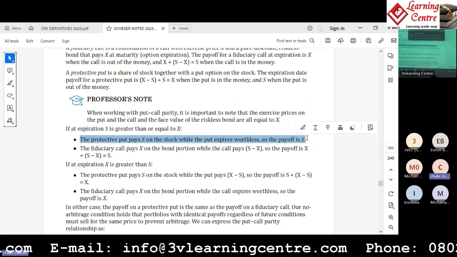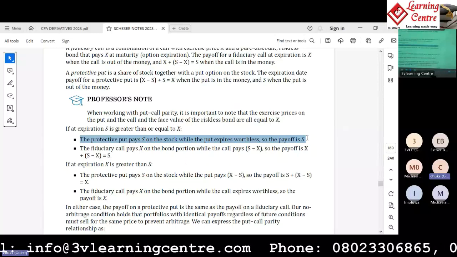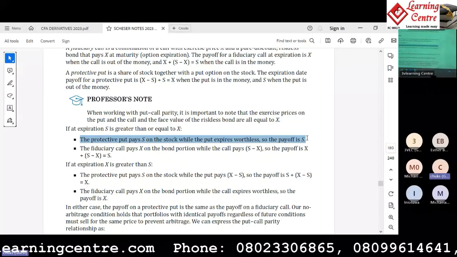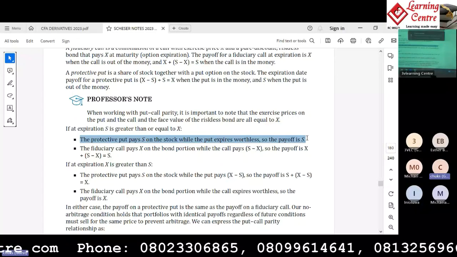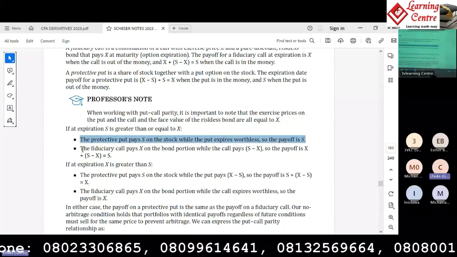So the payoff is S. I agree to sell to you at a price, and I discover that the price in the market is greater than that price I agreed to sell to you. Therefore, I will let my option expire, and I will go and sell to the market, which will pay me more money. That's basically what this first one is saying.